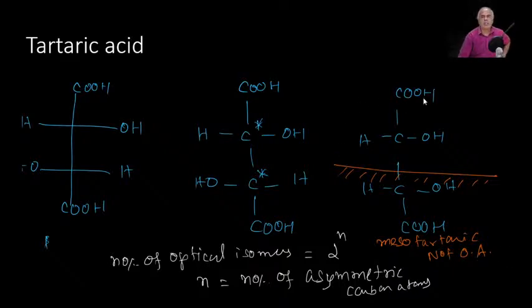Because of internal compensation. Do you understand? Because of internal compensation by the plane of symmetry. Are you able to follow? That is, there is a plane of symmetry. Okay, so meso tartaric acid is not optically active. It is because of internal compensation.